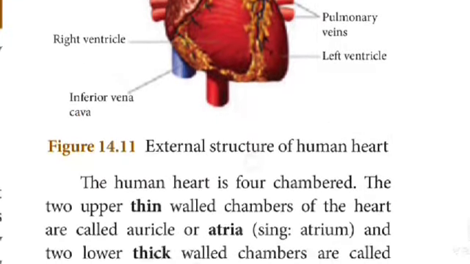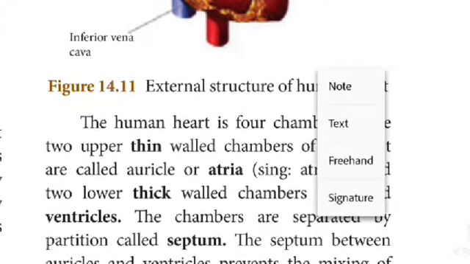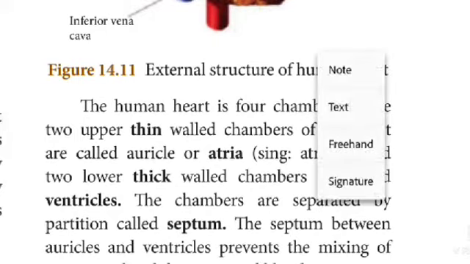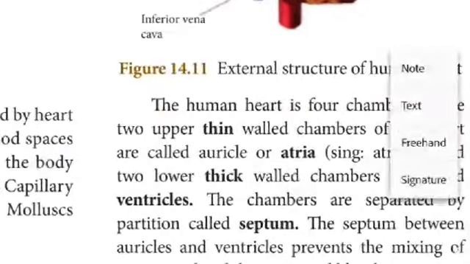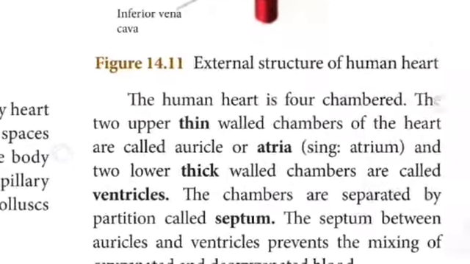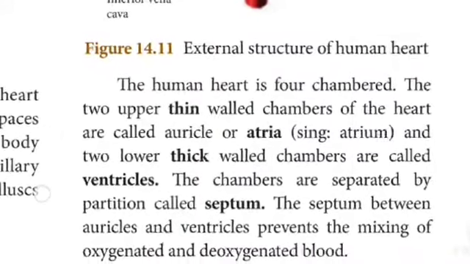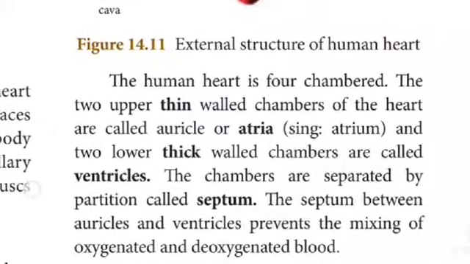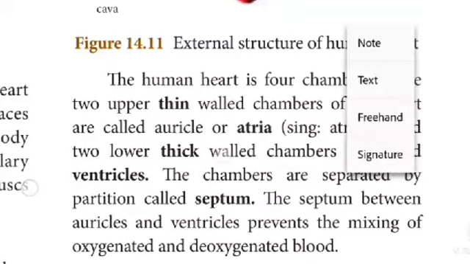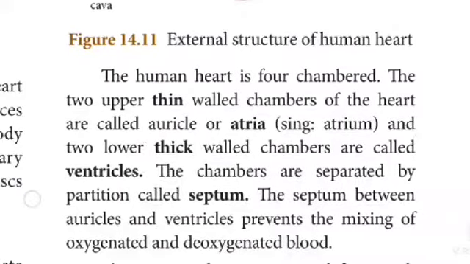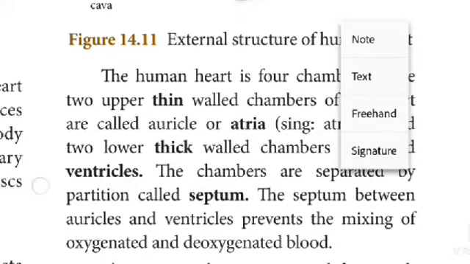The human heart is four-chambered. The two upper thin-walled chambers of the heart are called auricles or atria, single atrium, and two lower thick-walled chambers are called ventricles. The chambers are separated by a partition called septum.